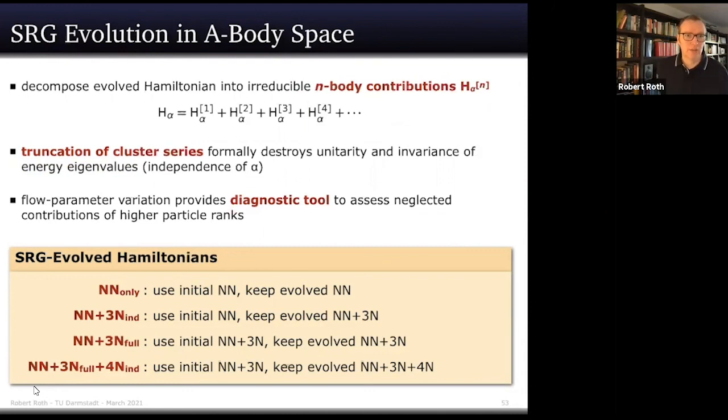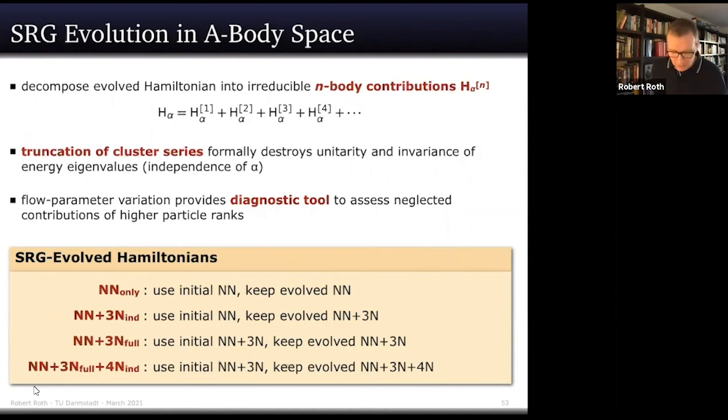You don't do calculations at one fixed flow parameter, but you compare calculations for different flow parameters. If the thing would be unitarily exact, nothing would change for the energies. So any dependence on the flow parameter indicates that these higher order terms that you might neglect play a role. You have to do that diagnostics.